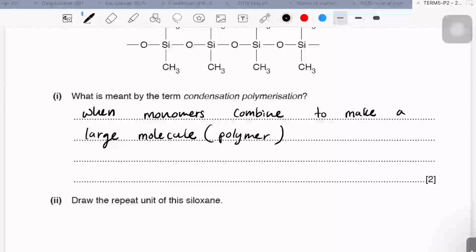So monomers combine to make a large molecule, or large molecule is the polymer, removing small molecule. So monomers combine to make a polymer by removing small molecule.